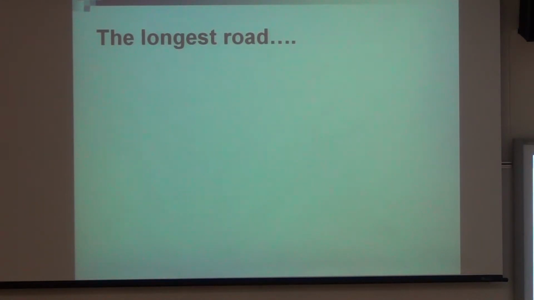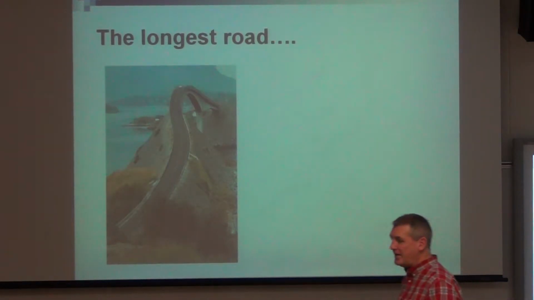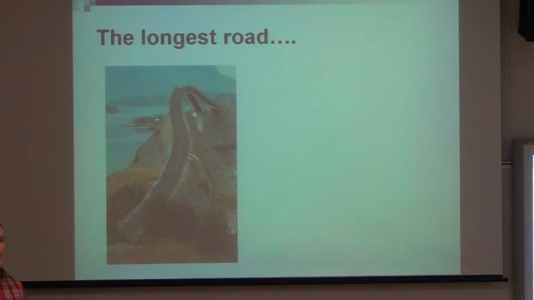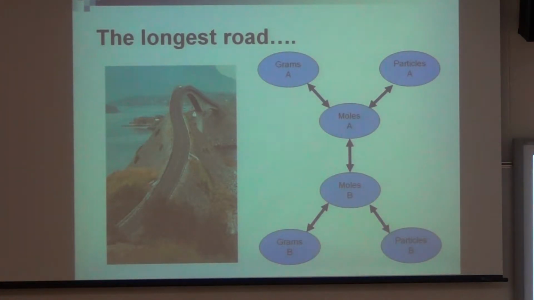All right, so we've already done the front side. Flip that over. The longest road you're going to have to travel is the bridge from mole to mole. So you've got this little diagram. We talked about this last week as well.